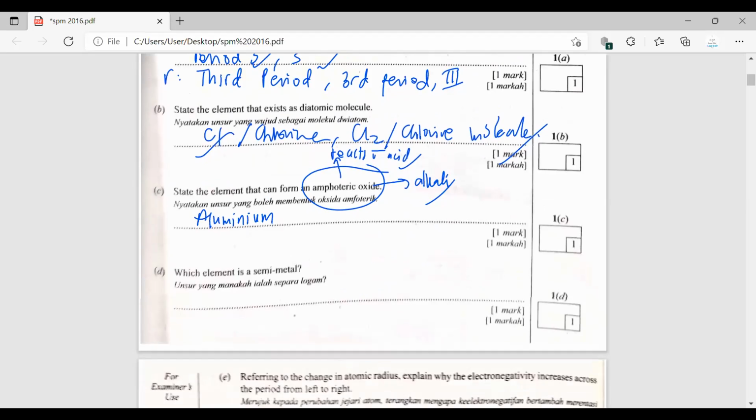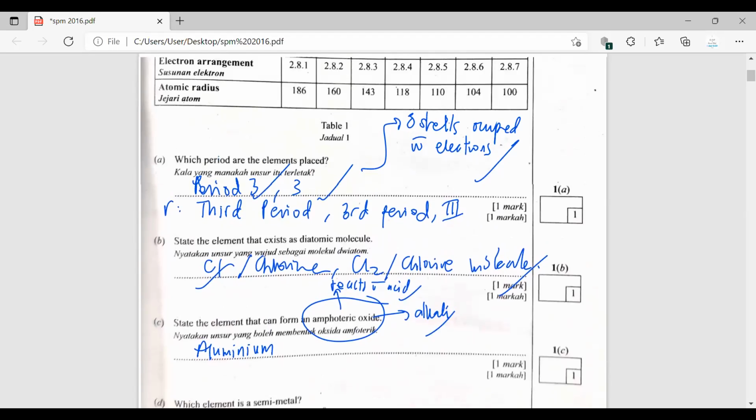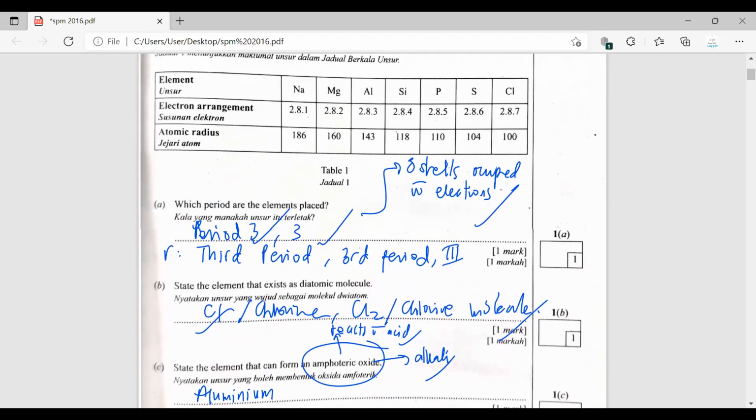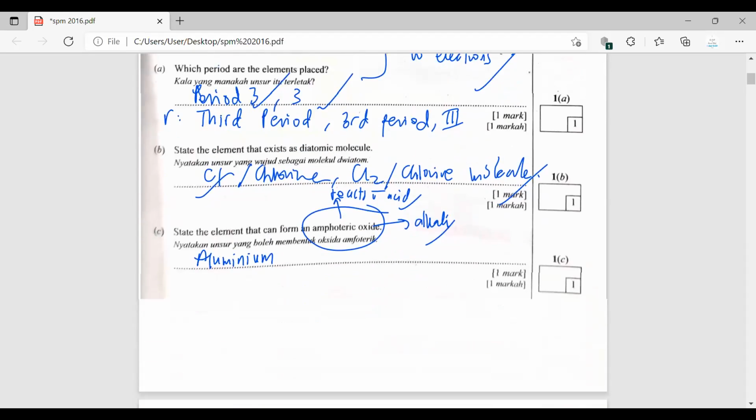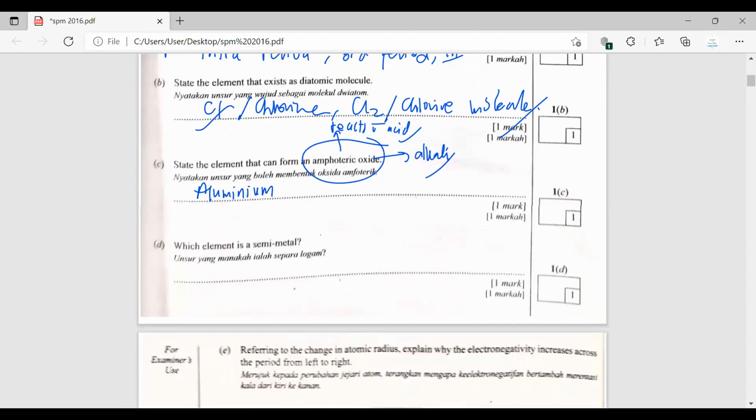Now, which element here is a semi-metal? Navina, which one is a semi-metal? Silicon. Okay, Navina, spell silicon for the teacher. SILICON. Is it S-I-L-I-C-O-N-E?